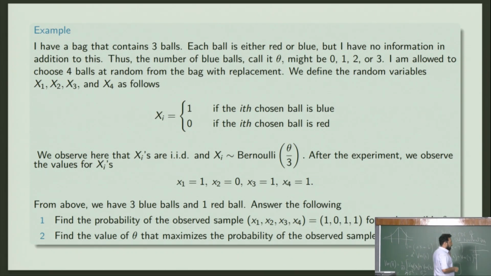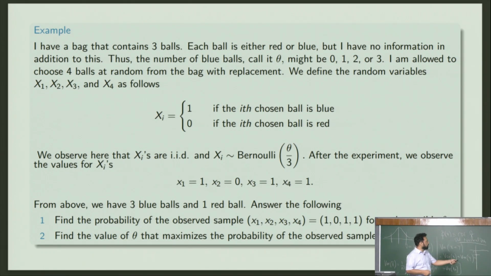Let us do sampling. Sampling here means picking a ball and saying whether it was blue. So xi is 1 if the ith chosen ball is blue, otherwise 0.